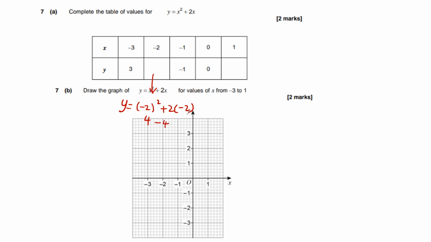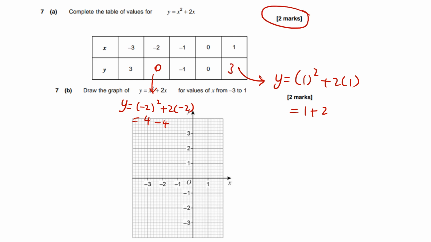And 4 take away 4 is going to be 0. For this one here, in order for us to be able to find y, we're going to do 1 squared plus 2 times 1. So that's 1 plus 2, so that's going to be 3. So that we've got 2 marks from this.